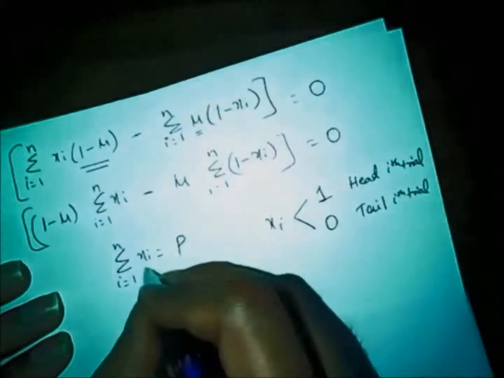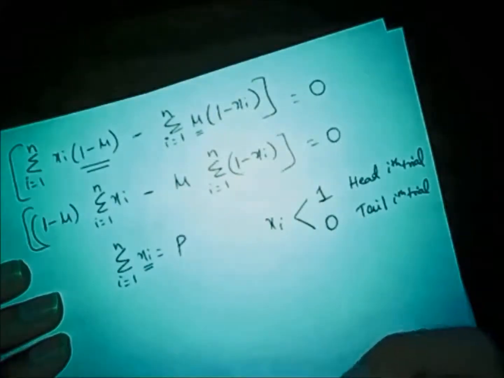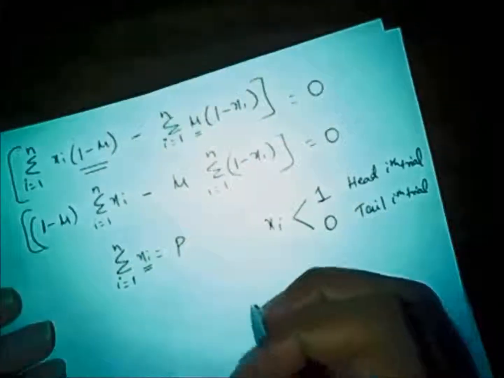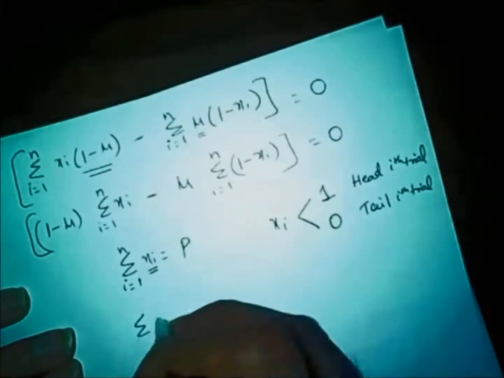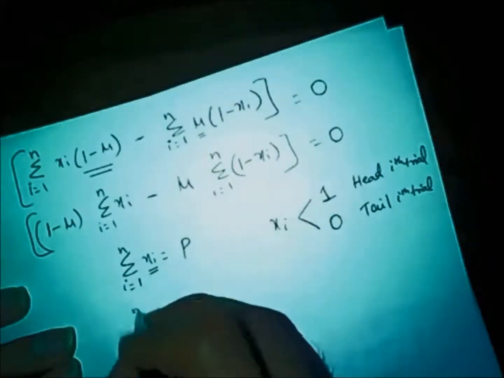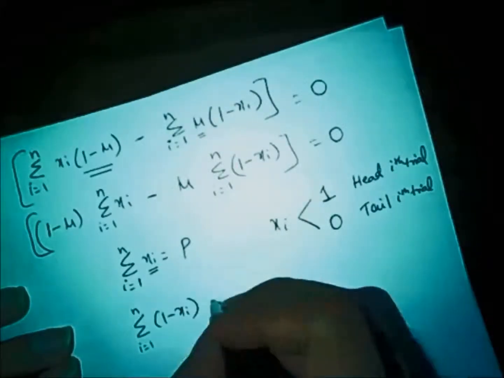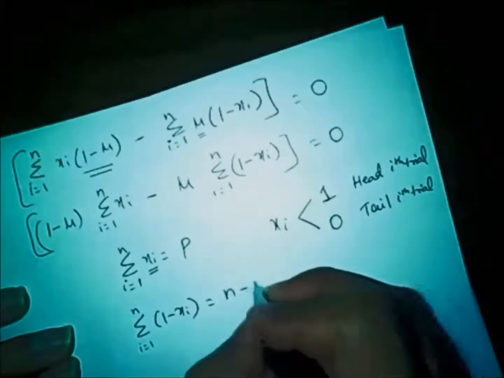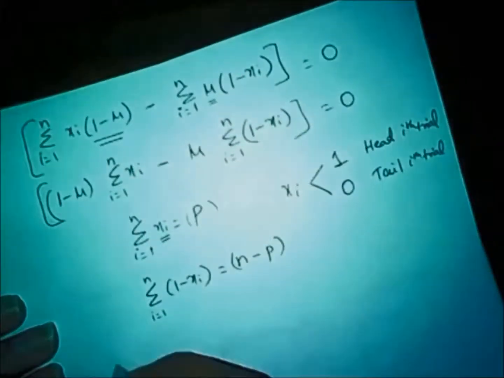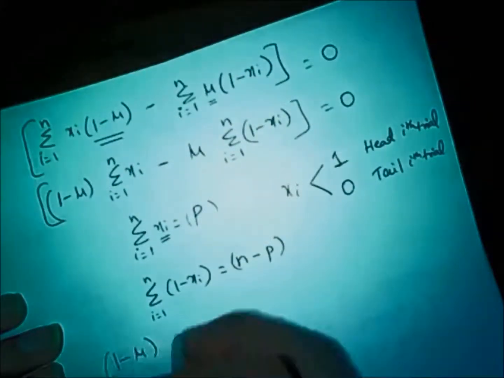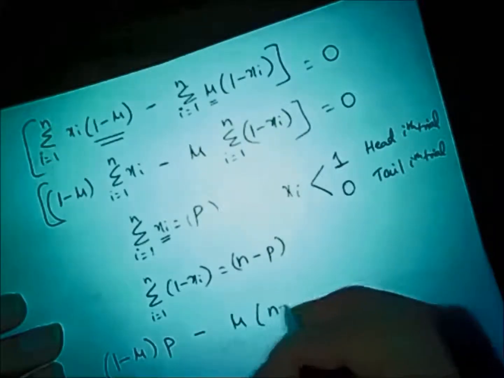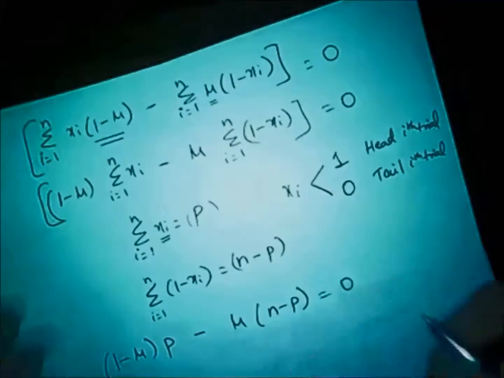So sigma xi is nothing but the total number of heads that you have obtained from trial 1 until trial n, and sigma 1 minus xi would be the total number of tails that we obtained in the n trials. So let us call it n minus p. So the summation becomes 1 minus mu times p minus mu times n minus p equals 0.